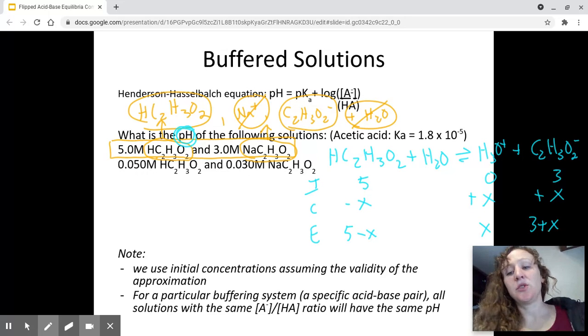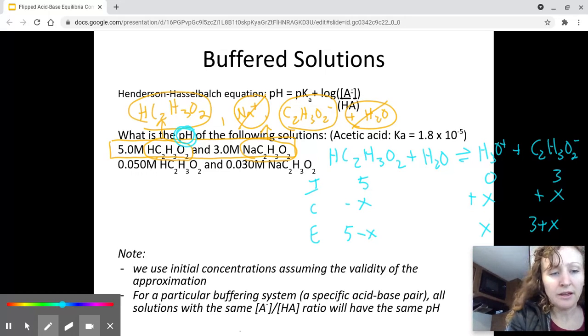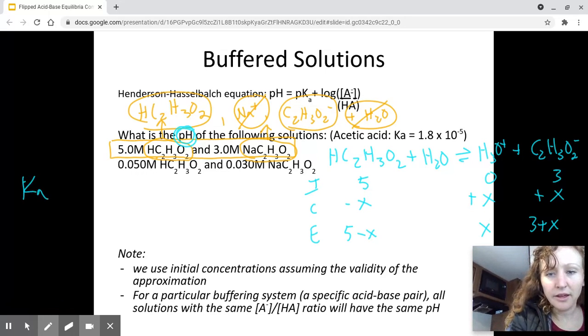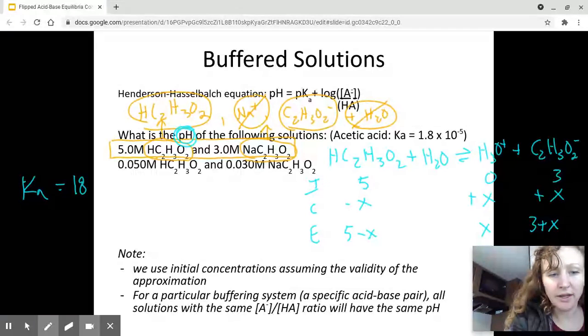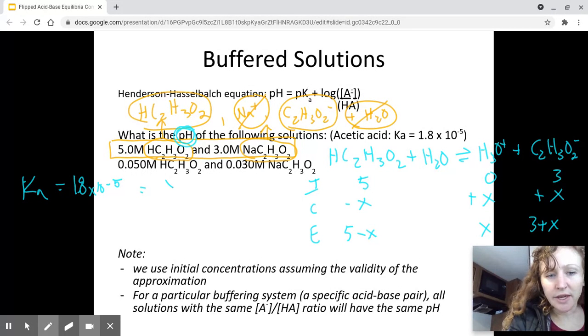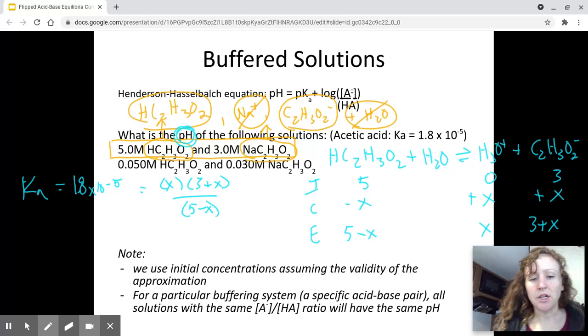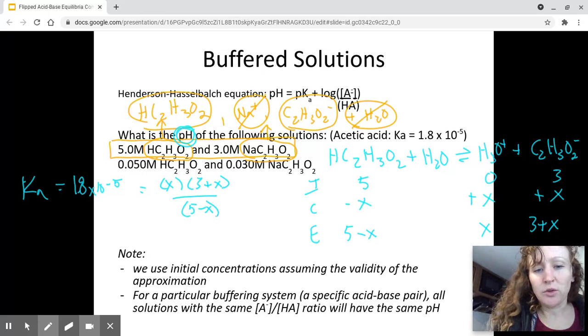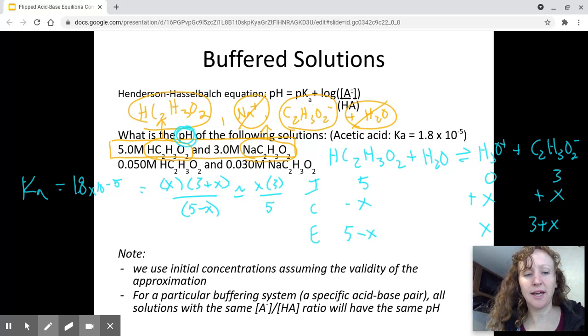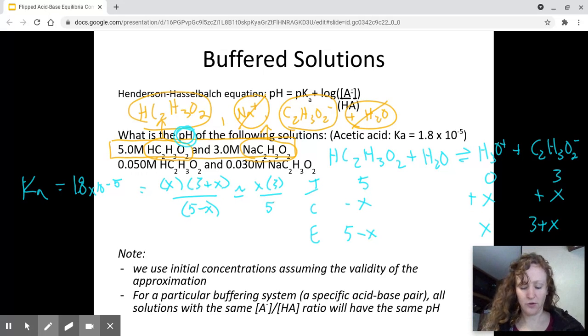Now I need to use my Ka in order to solve for X. Ka equals 1.8 times 10 to the negative fifth equals X times 3 plus X over 5 minus X. I'm going to ignore all the X's that are added or subtracted to numbers, and now I can solve for my X.